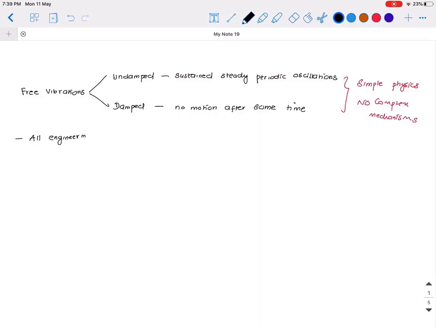By forced we mean external forces act on the system. So this is what we are going to discuss in today's class.